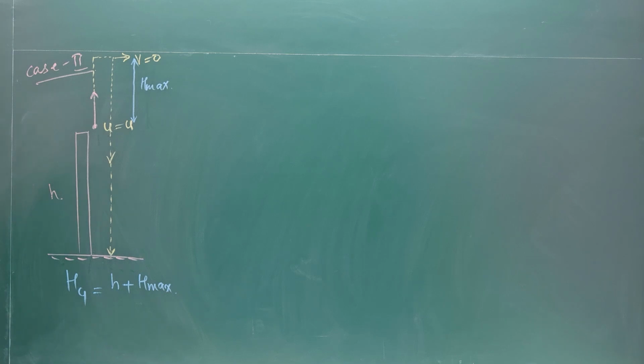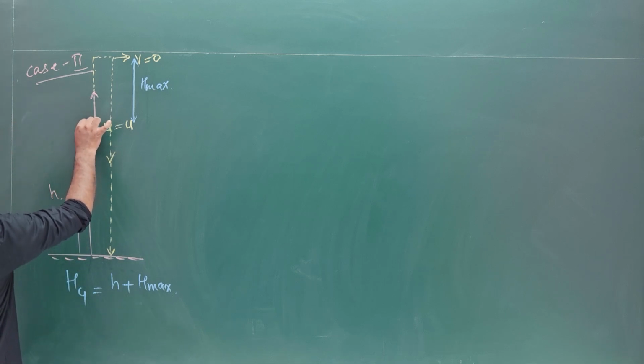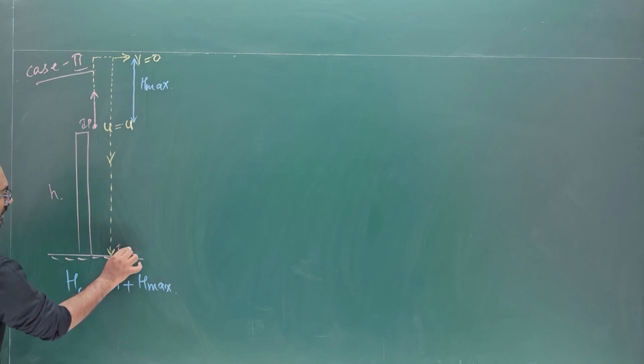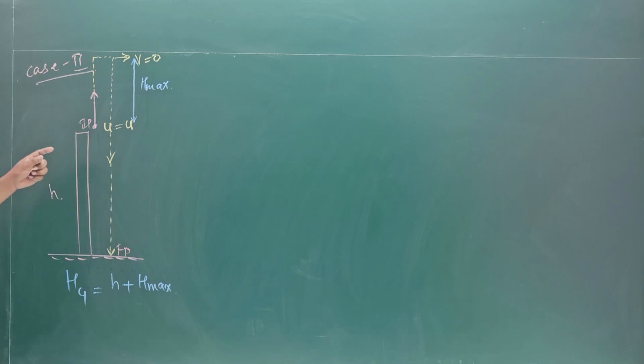Now, the next thing, let us calculate the time period. First tell me, what is the displacement? Minus h. Yes, from here, this is your initial position, and the ground is your final position. What is the distance now? Yes, h max plus h.